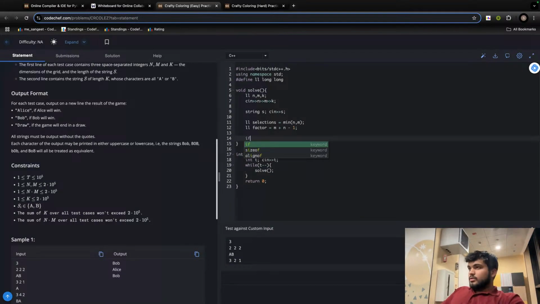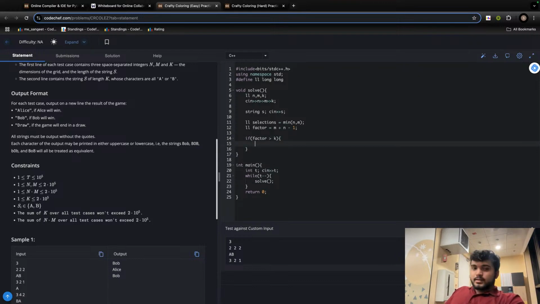Okay, so if our factor is greater than the size of the string, then yes, we need to increase the size of the string. How much will the increase happen?